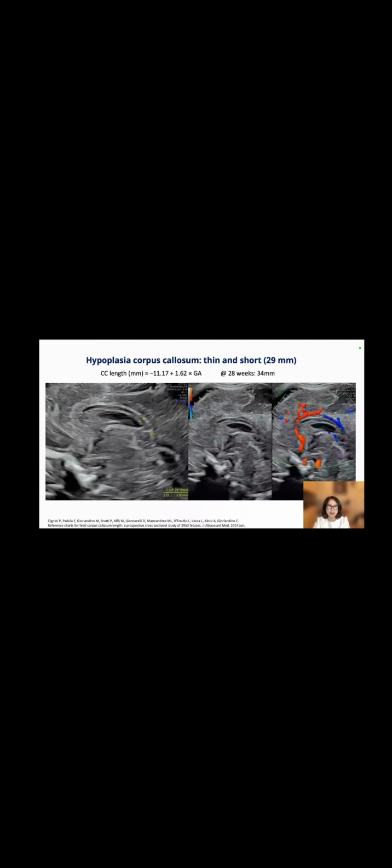In the sagittal plane, we can see the corpus callosum is thin and short. It's only 29 millimeters compared with a normal baby at 28 weeks, which should be about 34 millimeters.